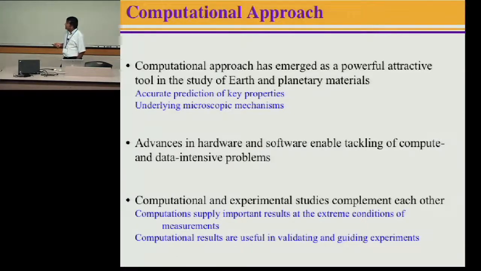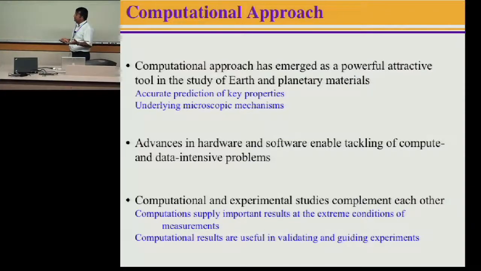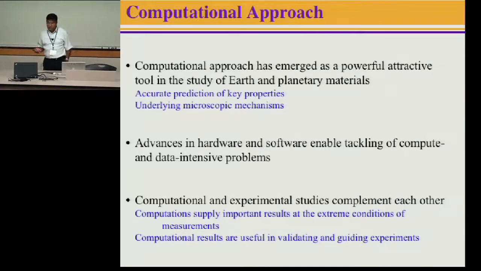The recent advances in both hardware and software basically enable us to deal with all sorts of problems, very intensive computationally and data-wise. Another advantage is that it has established a link between theory and experiment. So in fact, it is a complementary approach.